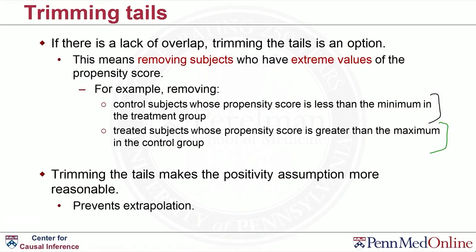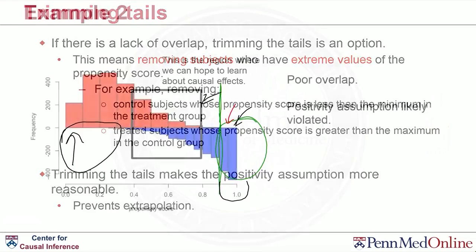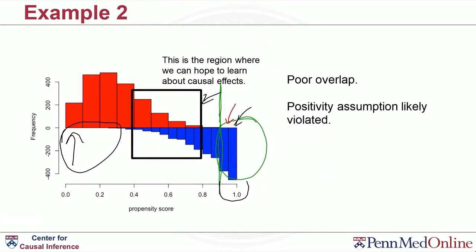You could do this step first, which makes the positivity assumption more plausible, and then carry out matching after you trim the tails. One of the main points here is that it should prevent extrapolation. What we basically mean by that is, if you were to try and estimate a causal effect from people who have a propensity score that's very small, you would have to be extrapolating, because we don't actually have any data on treated subjects with a propensity score like that.